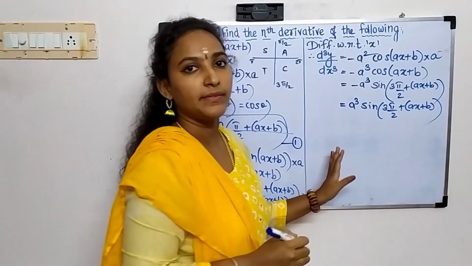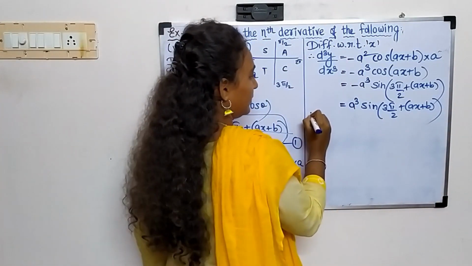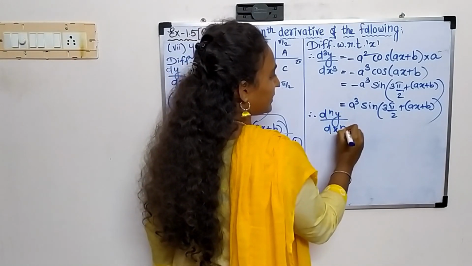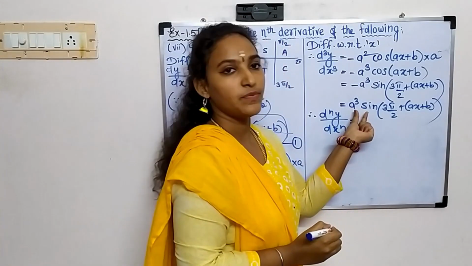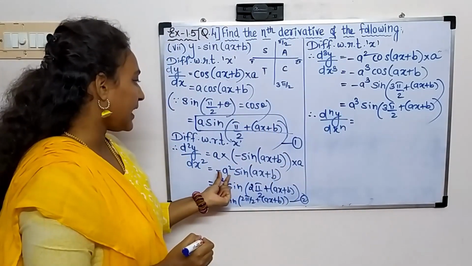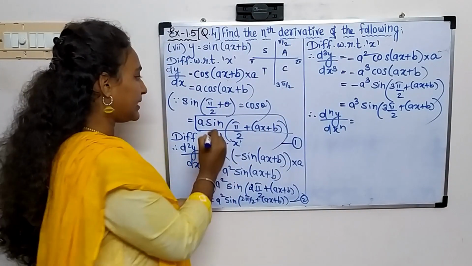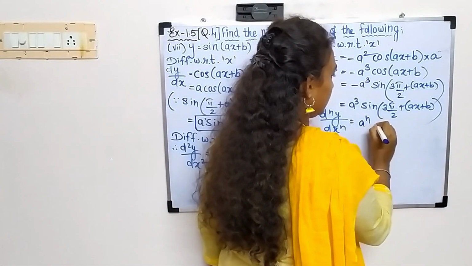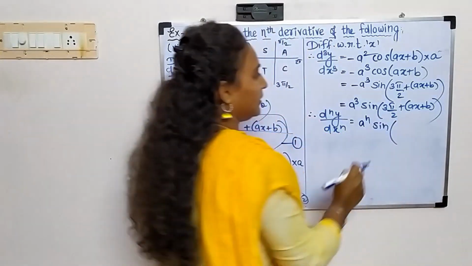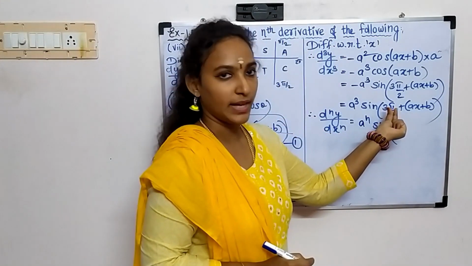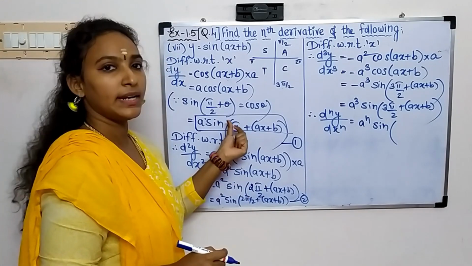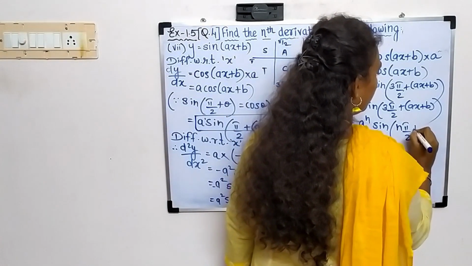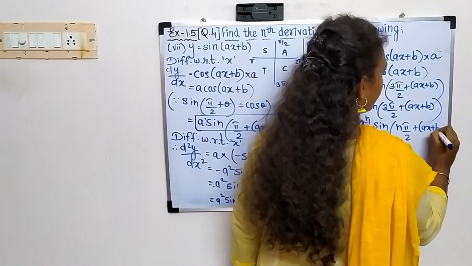Now we can calculate our nth order derivative. Therefore, d raised to n y by dx raised to n equal to, since we have a cube, here a square and here a, that is a raised to 1, it will be a raised to n sine, and this 3 we have here, here it is 2, here it is 1, so that is n pi by 2 plus ax plus b.